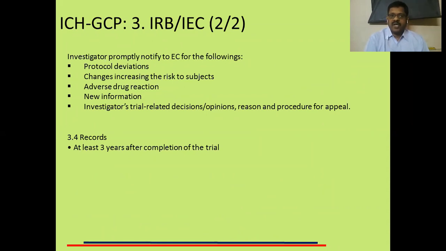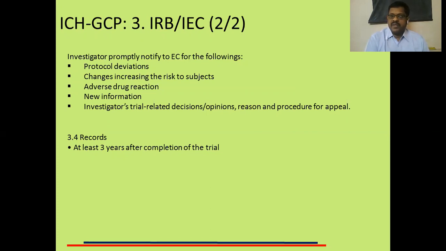One is protocol deviations. If they find any deviation, it should be immediately reported to the ethics committee. Changes increasing the risk to subjects. If there are many people reporting risk, it should be reported immediately. Adverse drug reactions: anything found, even one incident, should be reported immediately.